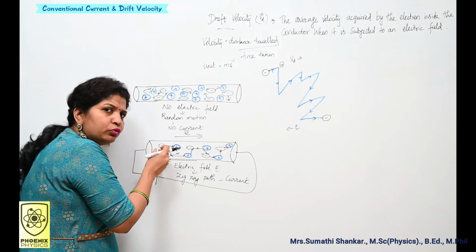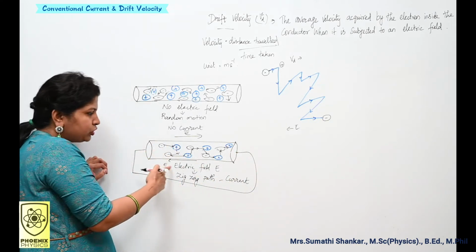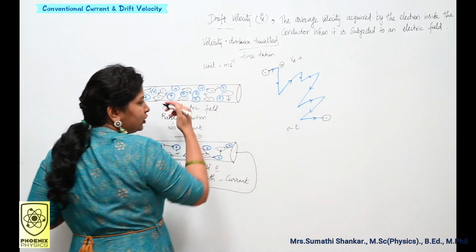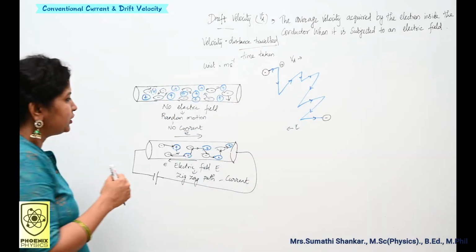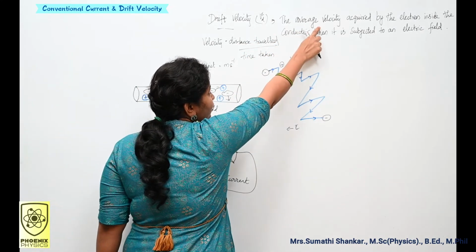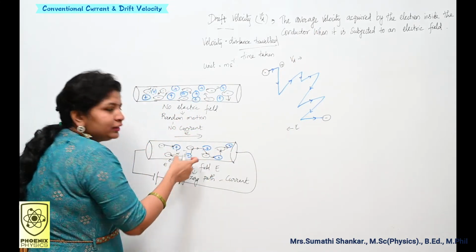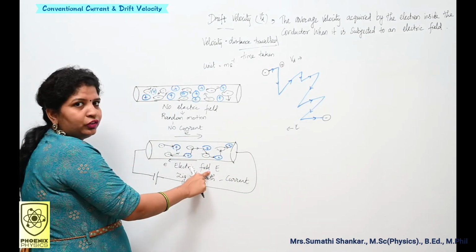So, electrons move slowly along the conductor in the direction opposite to the electric field. This velocity is called drift velocity Vd. What is the definition of drift velocity? The average velocity attained by the electron inside the conductor when it is subjected to an electric field E.